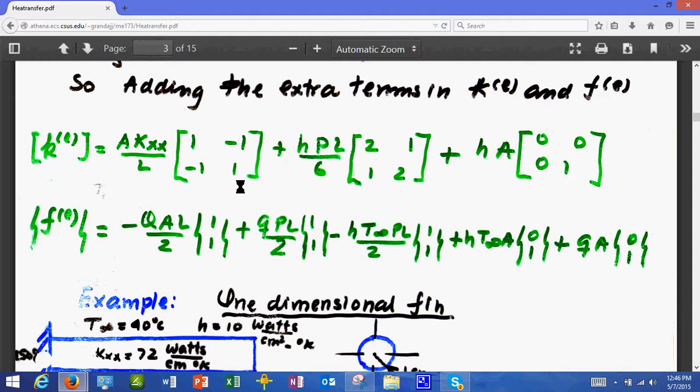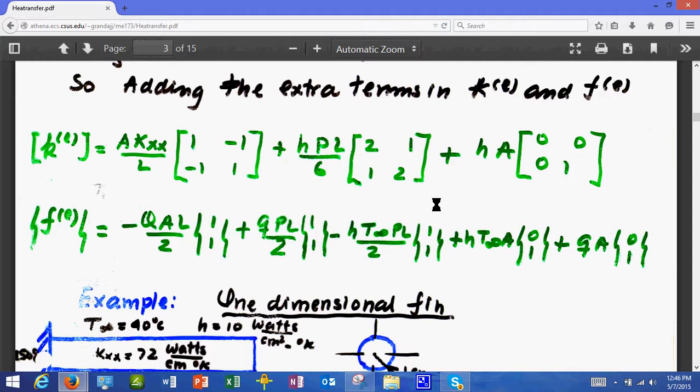So normally this would have three terms, for the conduction and convection. The same way as we stated before, using the derivation of chapter 7, we obtain the vector of known quantities considering all the heat transfer, convection, conduction.